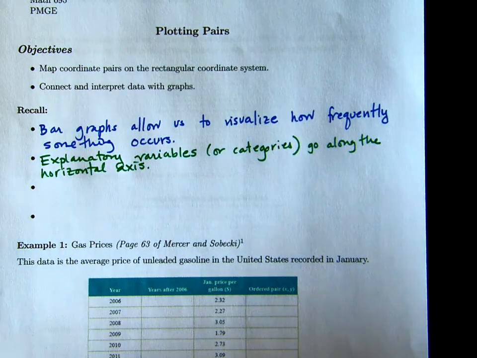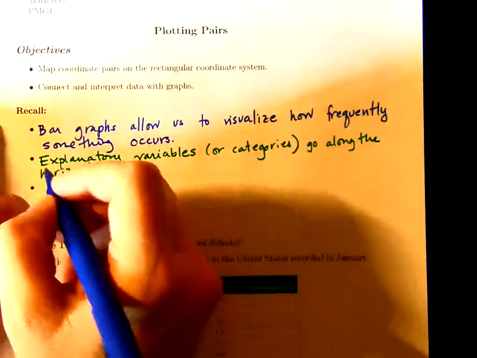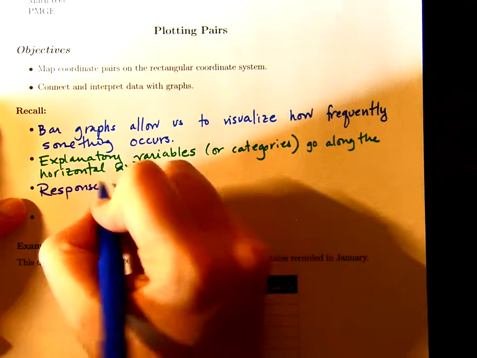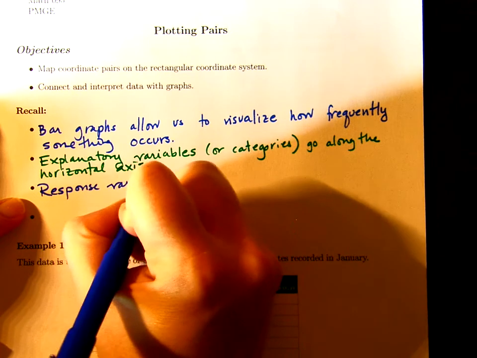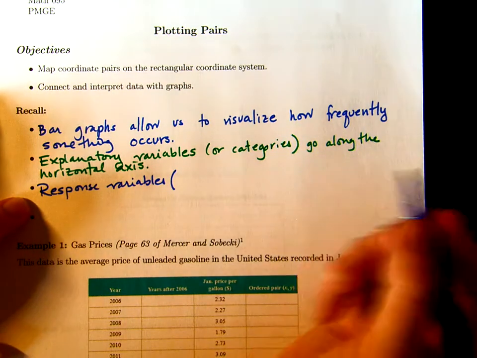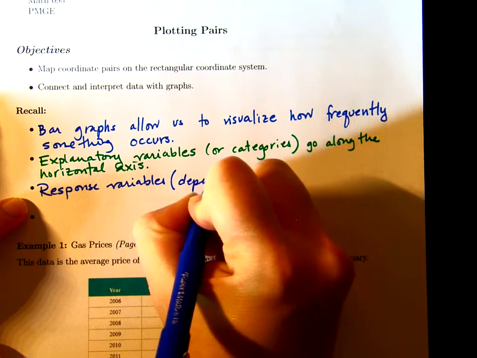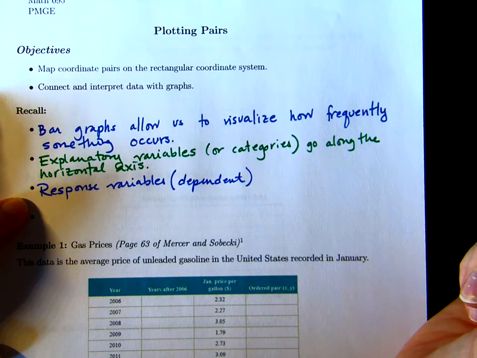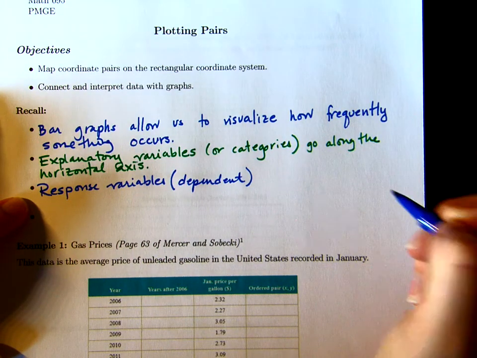And then in response to that, the response variable, or dependent variable, if you want to call it that, we assign to the vertical.